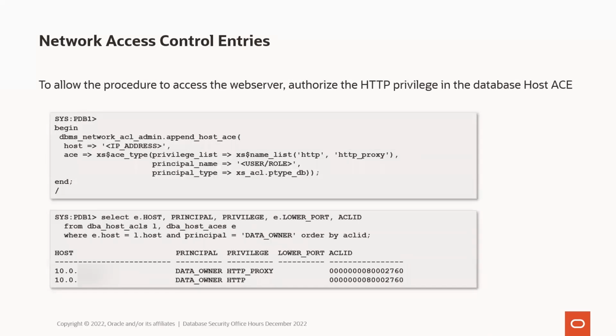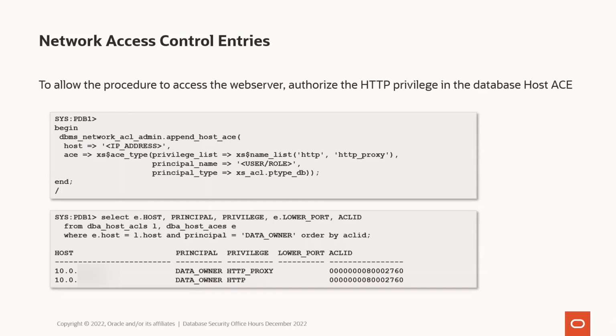And then we enable that using our DBMS_NETWORK_ACL_ADMIN. And this is where we utilize that feature of append host ACE, access control entries. And we say we want the privilege of HTTP and HTTP proxy for this user or role. And then the principal type is really just a database user type.